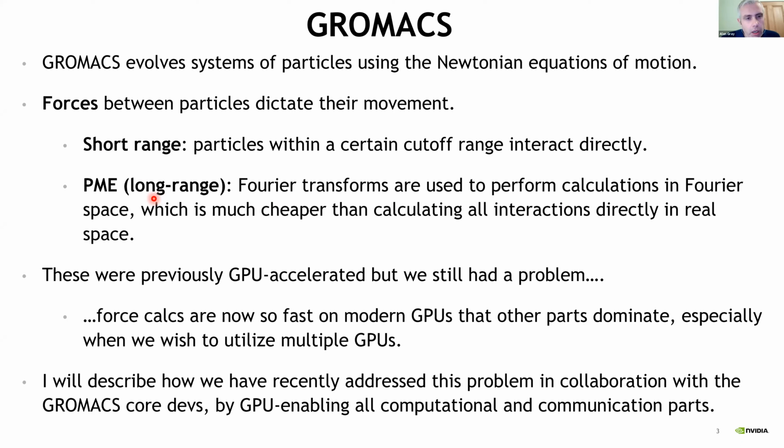Before we started this work, these forces were actually all GPU accelerated. In fact, Gromacs was one of the first codes, near the start of general purpose programming on GPUs, to take advantage of GPUs.